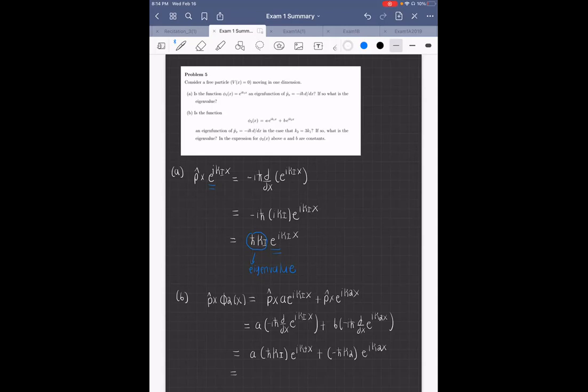And if you try to pull this out, you would get B here. And then A.